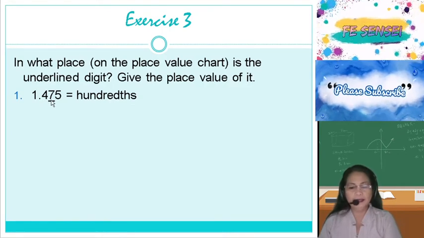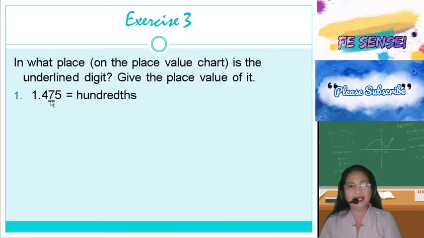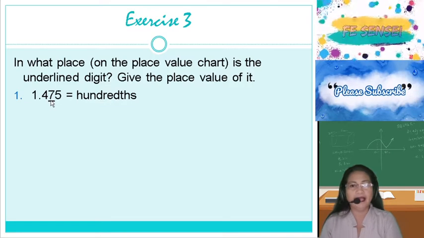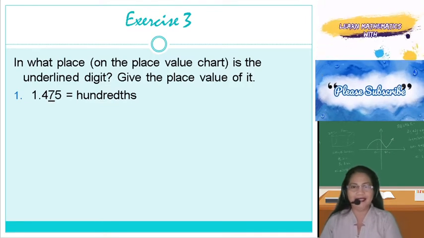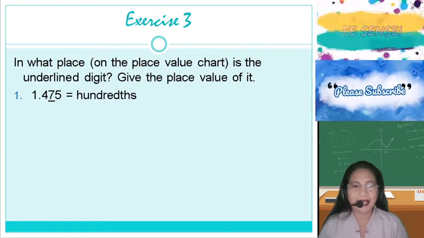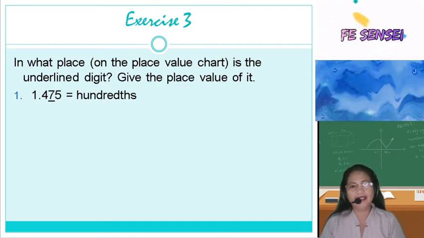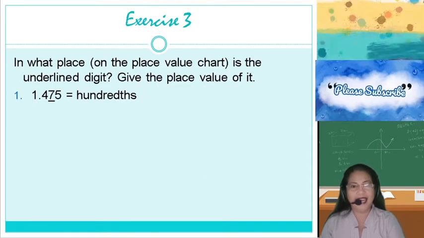So 1, 2. Remember, if there are 2 decimal places after the decimal point, it is in the hundredths place. Then if you have 1, it is in the tenths place. 3, it is in the thousandths place. 4, it is in the ten-thousandths place.